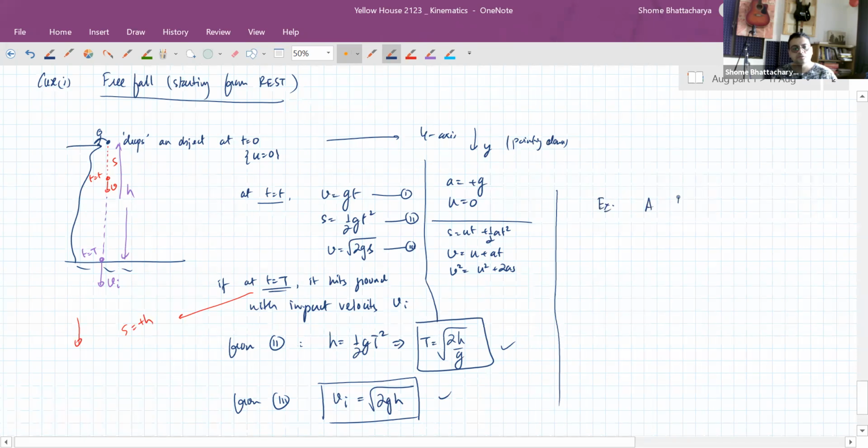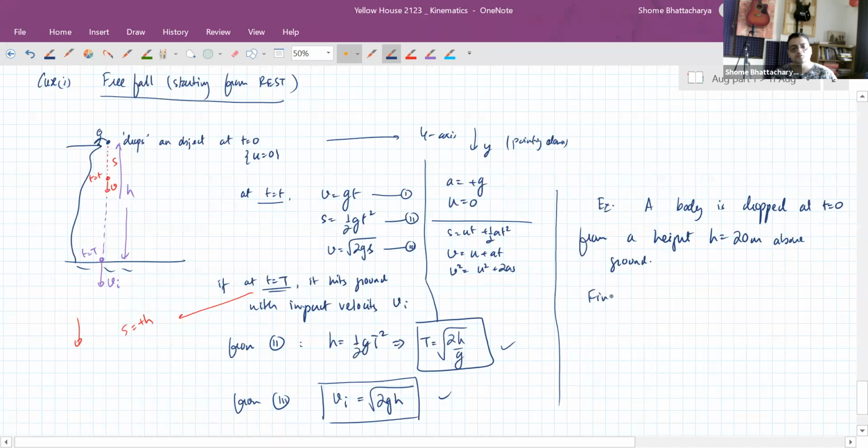A body is dropped at t equal to 0 from a height of 20 meters above ground.